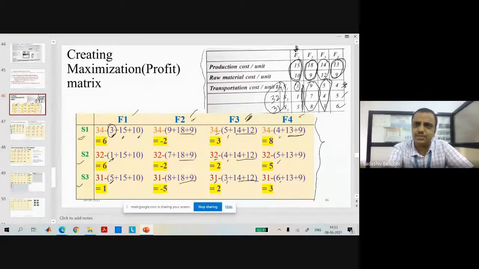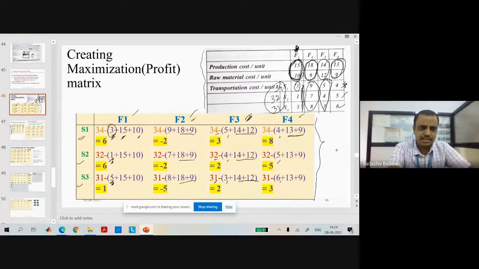So this is for the first column. For the first column, you can see at the right top, 15 plus 10 will be fixed for everything because production cost and raw material cost will be the same. But for sale depot 1, sale depot 2 and sale depot 3, the transportation cost is different, 3, 1, 5. So that will be different here.